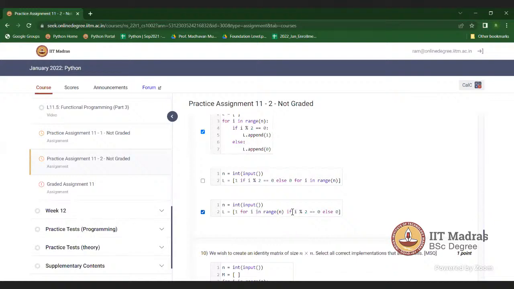For i in range of n, if i percentage 2 equals 0, this is the condition on i. Here we are not talking about the element; we are talking about i. Actually, this throws an error, so I will explain it by running it in VS Code.